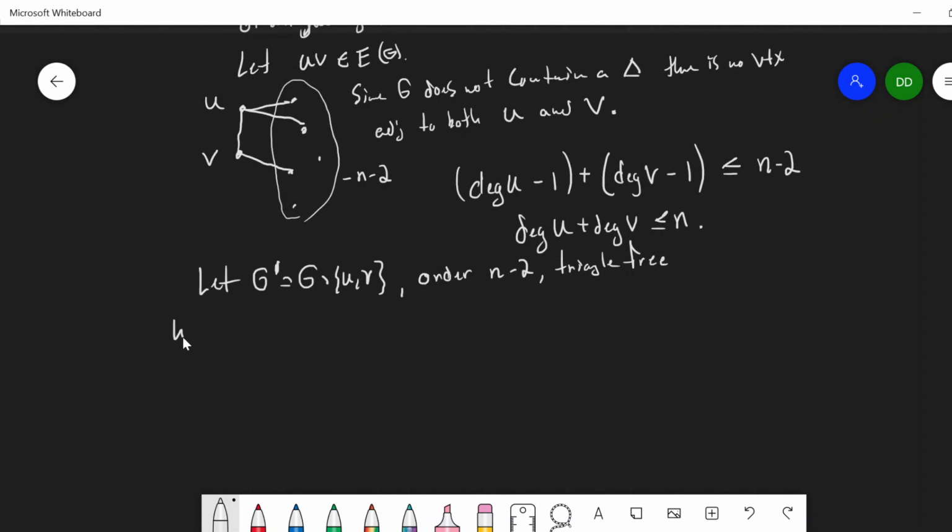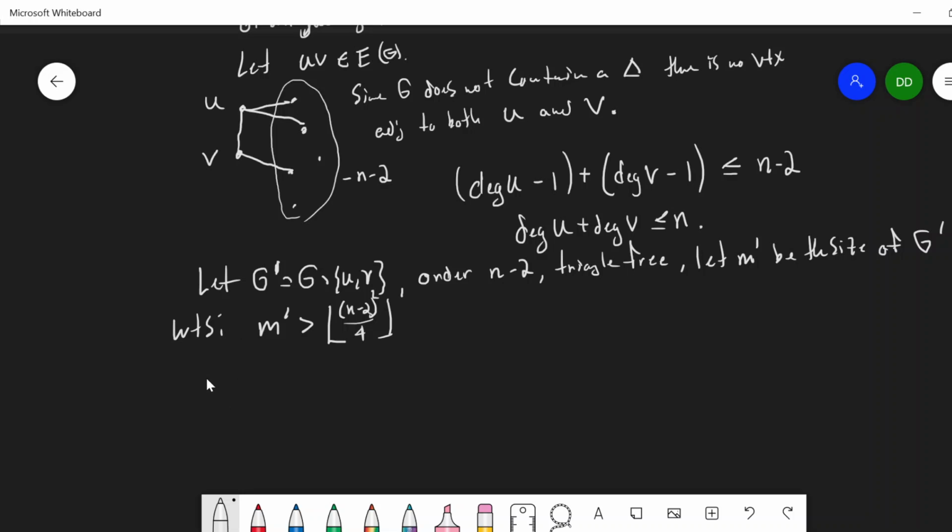So let m prime be the size of G prime. I want to show that m prime is strictly greater than its order squared over 4, so the floor of (n minus 2) squared over 4. I'd like to show this. If I can do that, then I'll have a contradiction.